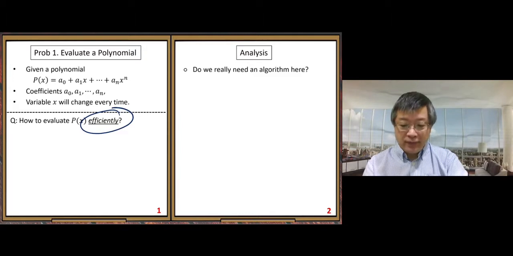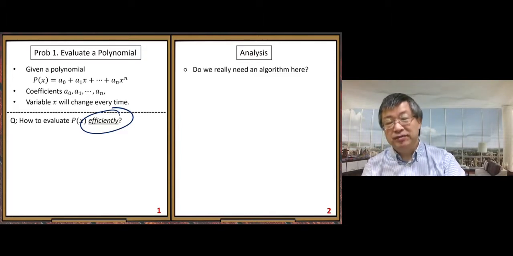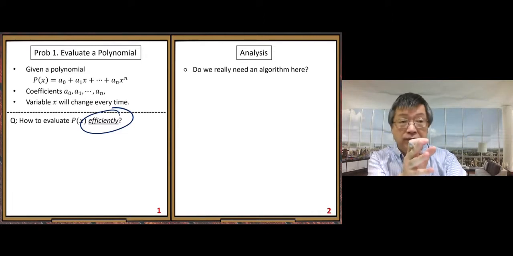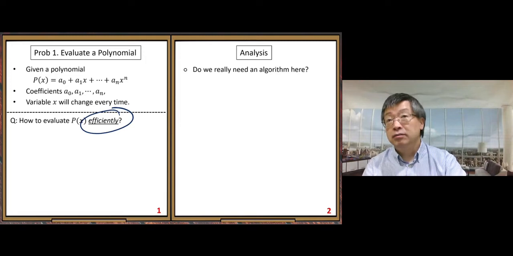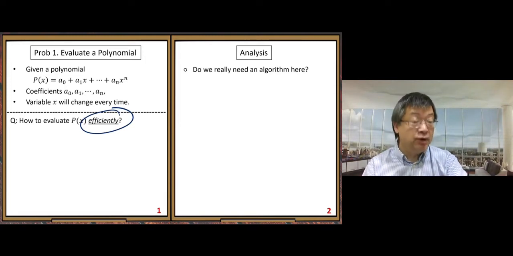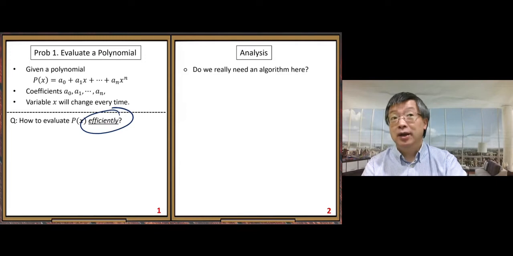Analysis. First question. To evaluate a polynomial, I believe every one of you can do it easily, right? If I ask you to write a program to evaluate a polynomial, can you do it? I believe everyone in this class can do it easily.